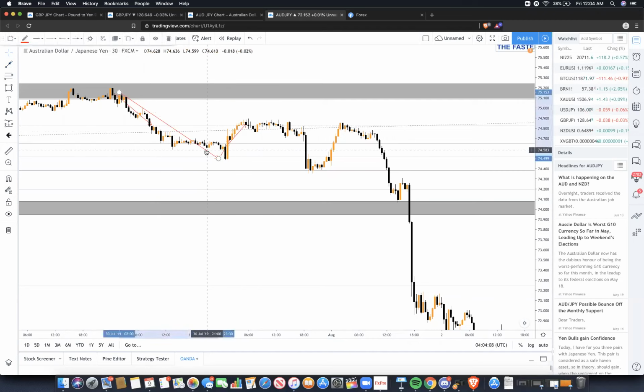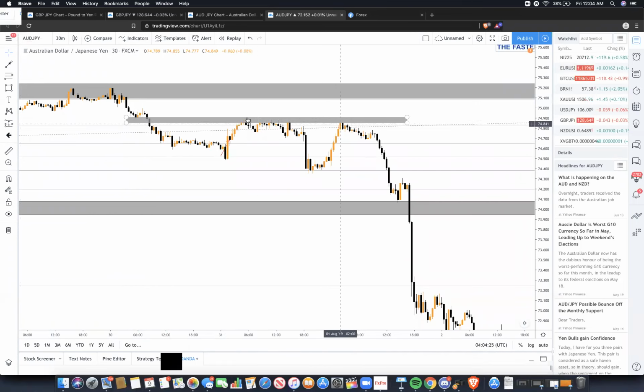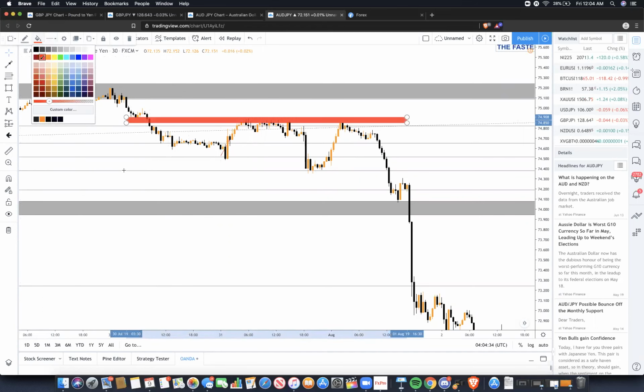So if we were to combine what we've been learning based off supply and demand, this is my lowest point, going from low to low, and I'm going from high to high. This zone is confirmed here. I'm going to change this to red so we don't get confused.